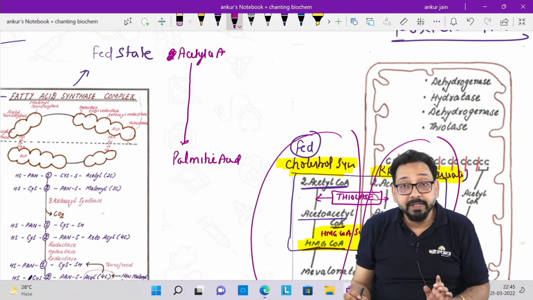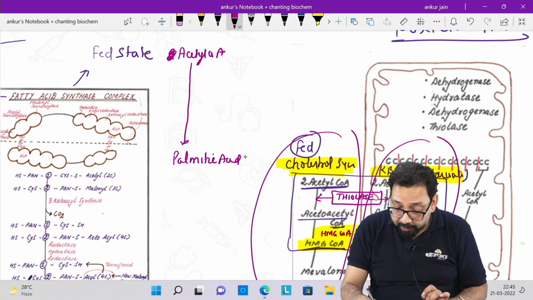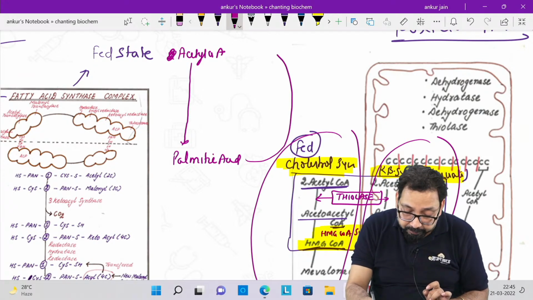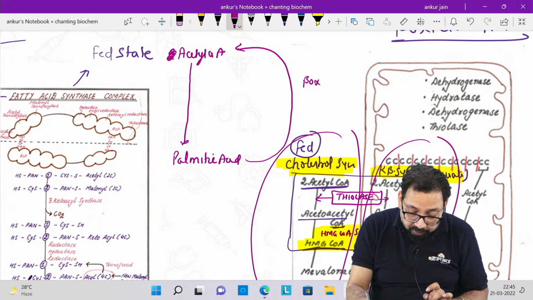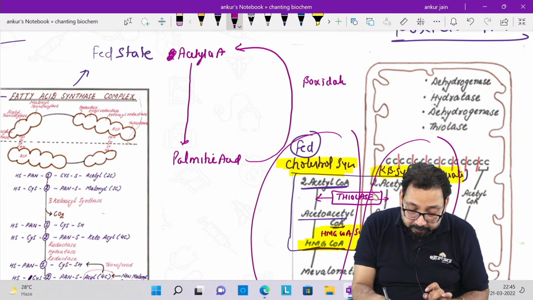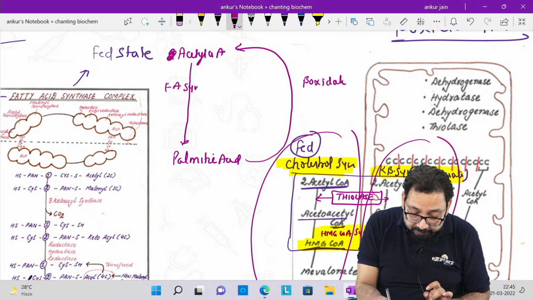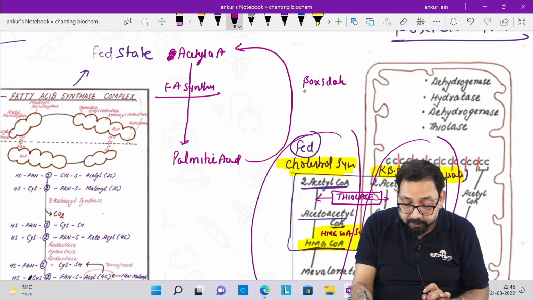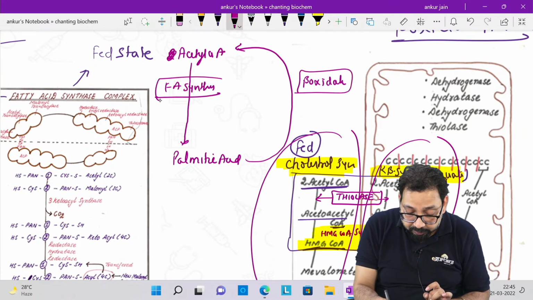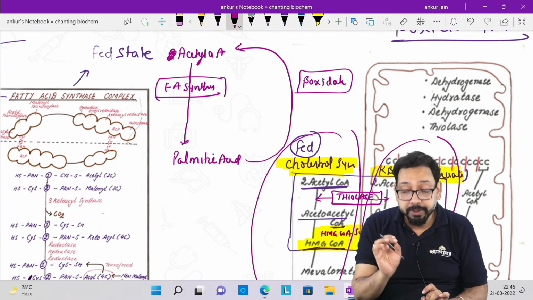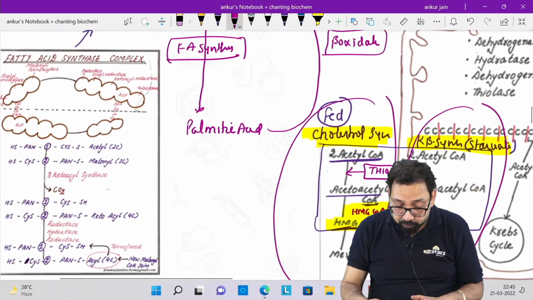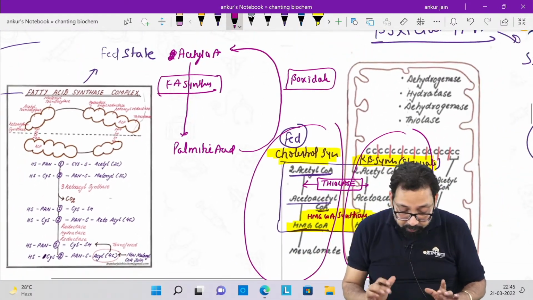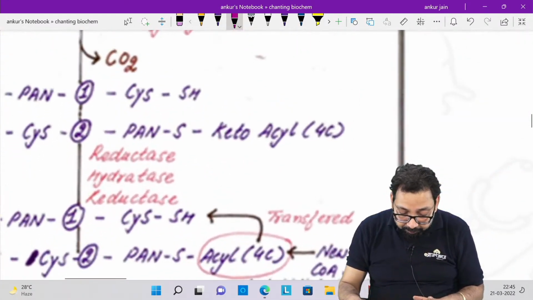That is fatty acid synthesis, and palmitic acid to acetyl coenzyme A is beta oxidation. These are two opposite pathways. Why am I telling you like this? Because questions are asked on the sequence of enzyme.